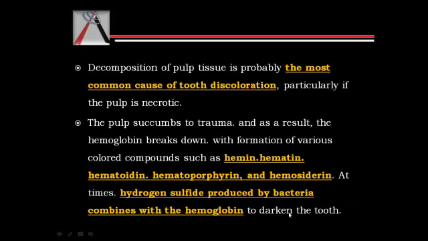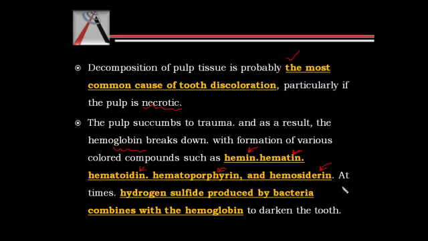As we have already seen, the decomposition of pulp is the most common cause of tooth discoloration, particularly if the pulp has become necrotic. While if there is hemorrhage in the pulp, this hemorrhage results in breakdown of hemoglobin that forms products such as hemin, hematin, hematoidin, hematoporphyrin, hemosiderin, etc. And these products are responsible for tooth discoloration.